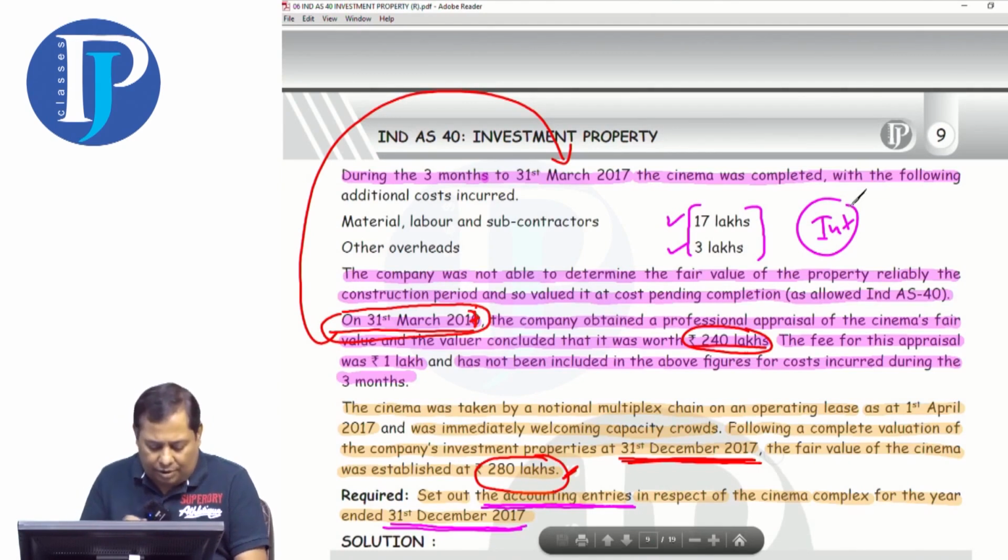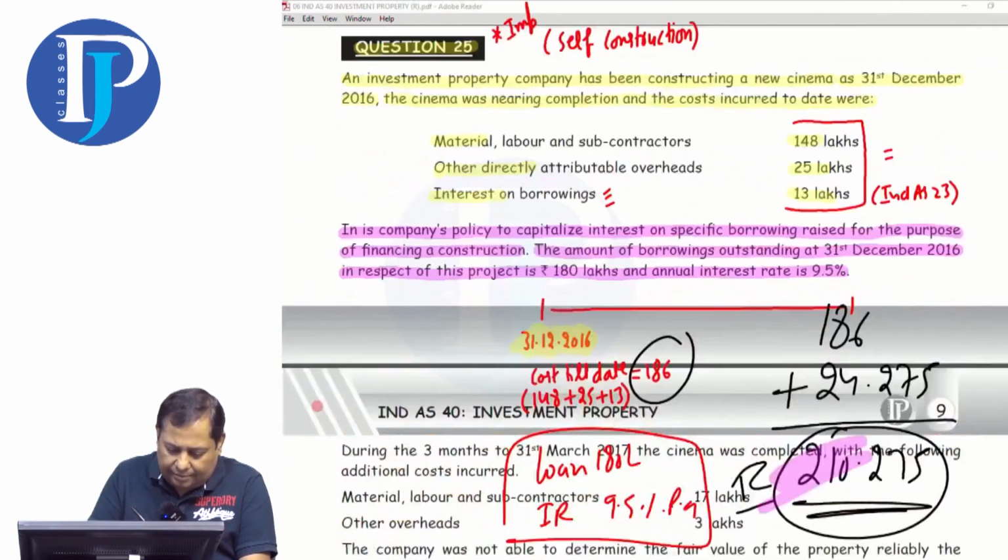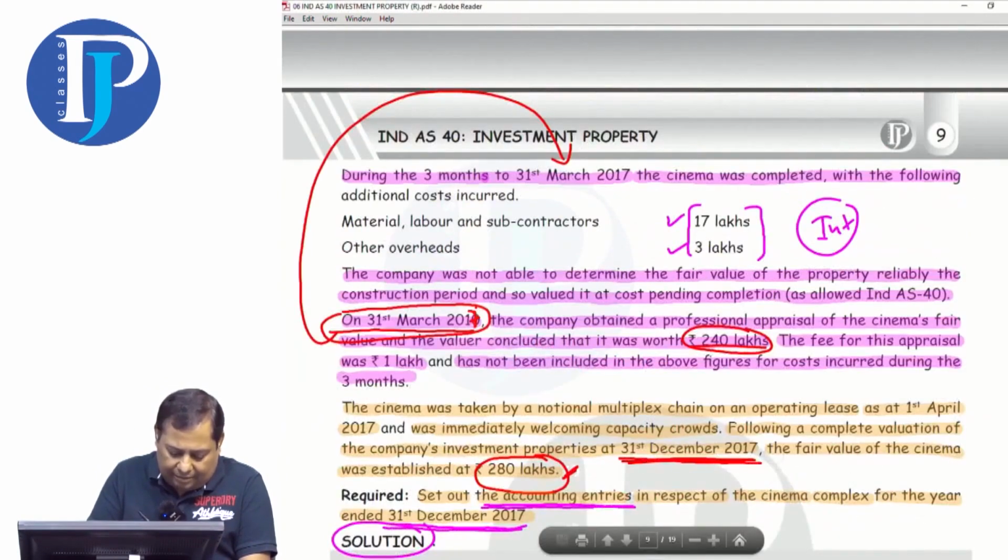Let's solve this together. It's in the solution book. You can skip if you want, but we will be doing it anyway. I have read the entire question for you.